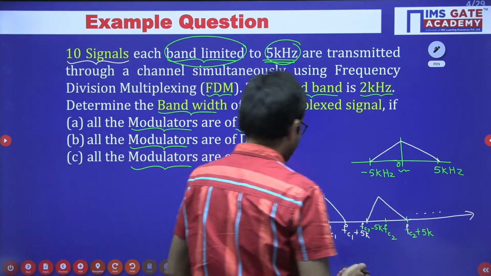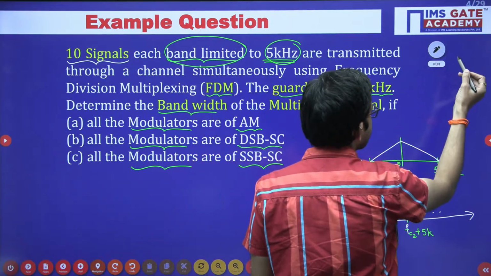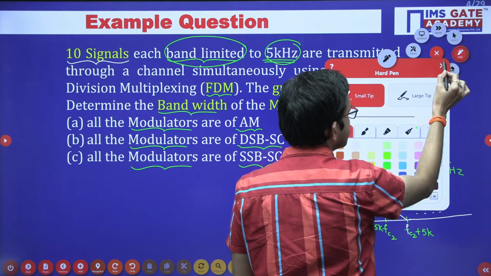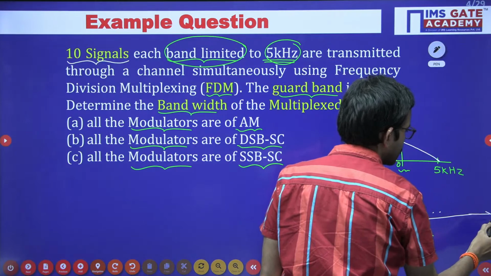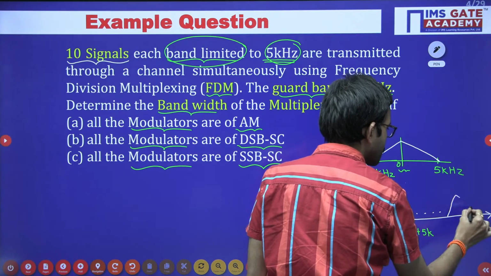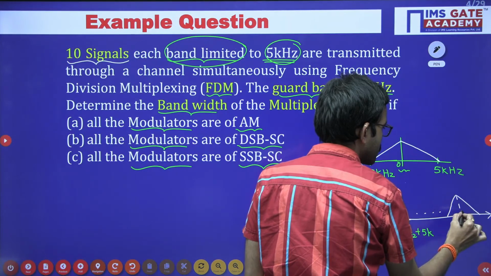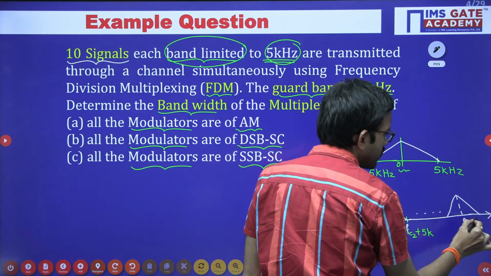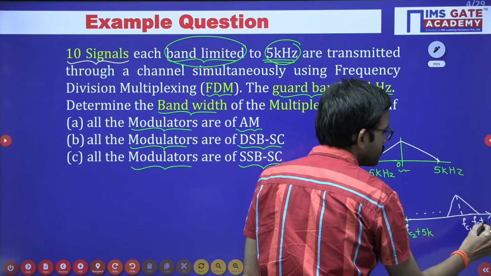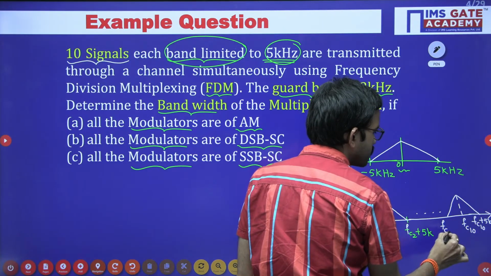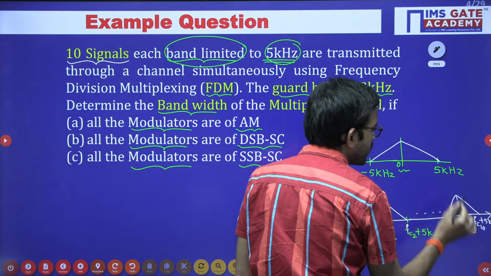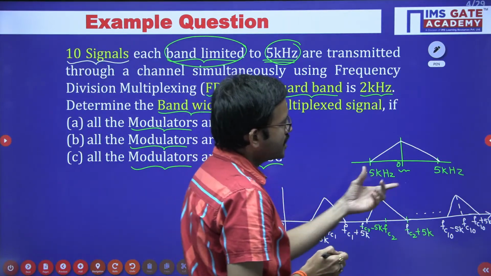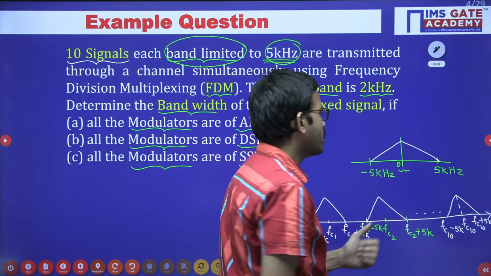The 10th signal is centered around FC10, so FC10 plus 5K, FC10 minus 5K.